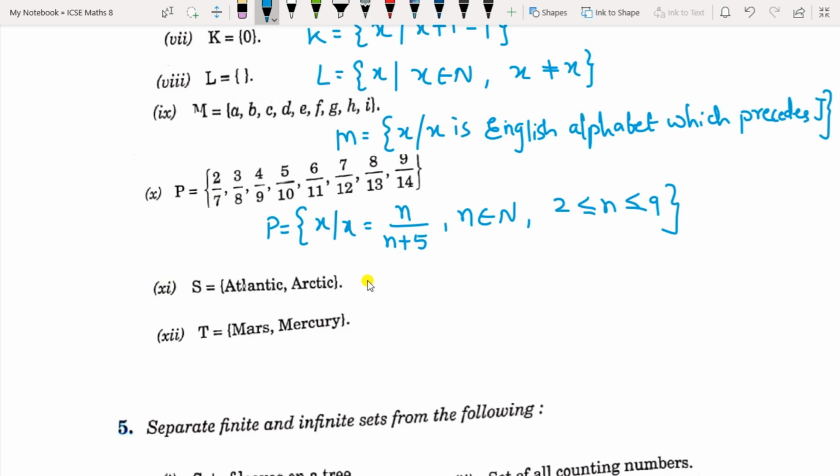Okay. Then S. S you can see Atlantic and Arctic is given.